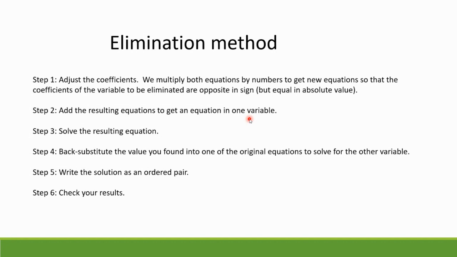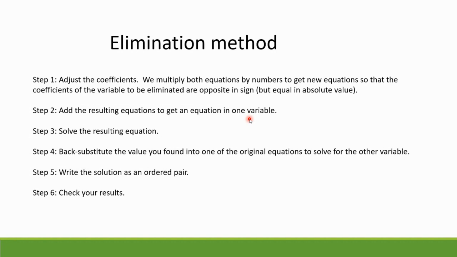You'll see that sometimes you have to multiply one or both of the equations by some number, in order to get the coefficients of one of the variables, either x or y, negatives of each other. So equal but opposite in sign.